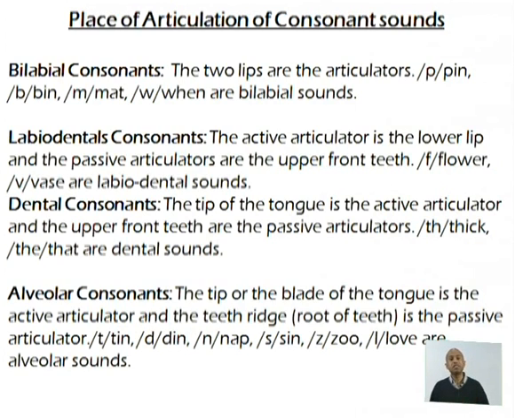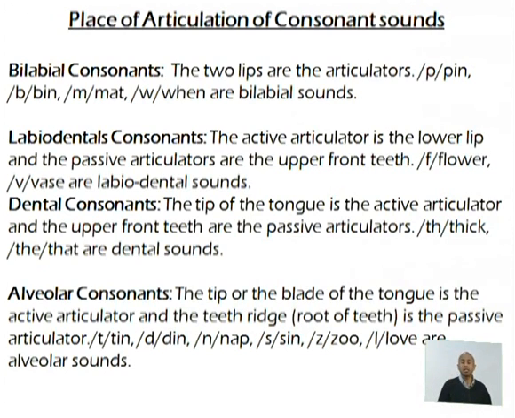Okay, then we have dental consonants. Now, some might say dental, meaning the teeth are producing some sounds on their own that I've never heard. No, that's not what we are saying here. Dental consonants: the tip of the tongue is the active articulator, just the tip, and the upper front teeth are the passive articulators. Now, what could this be?